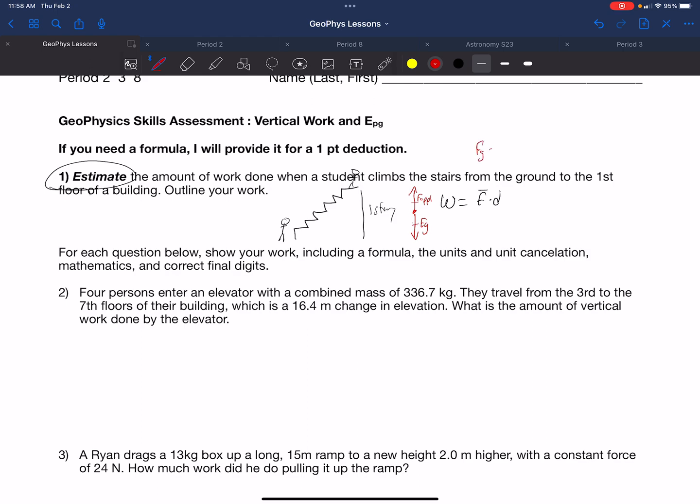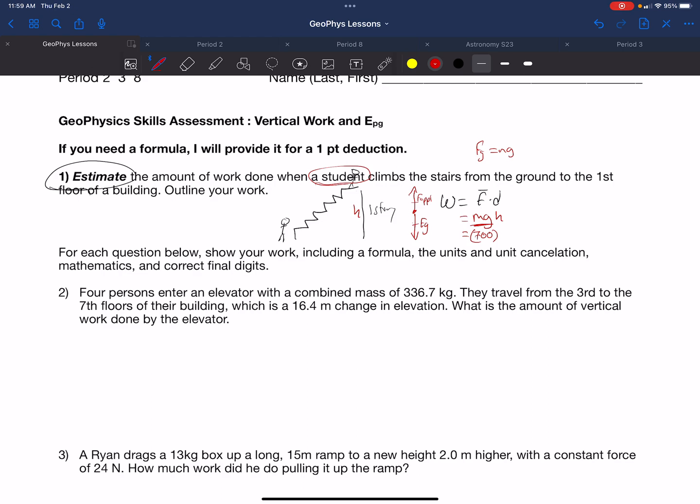The force of gravity is mg, and this distance is the height, which is the potential energy formula. All of you know what your force of gravity is. You've done a lab on this already. So you might say the force of gravity, yours, is 700 newtons.